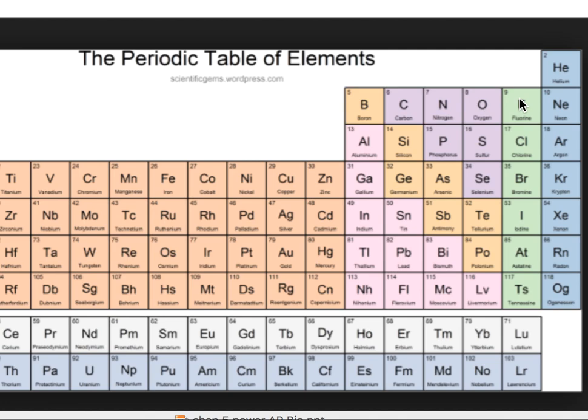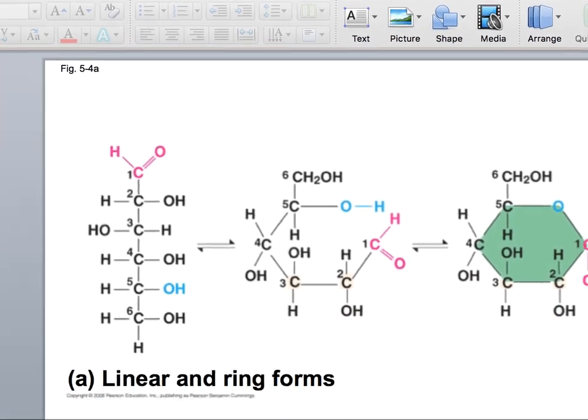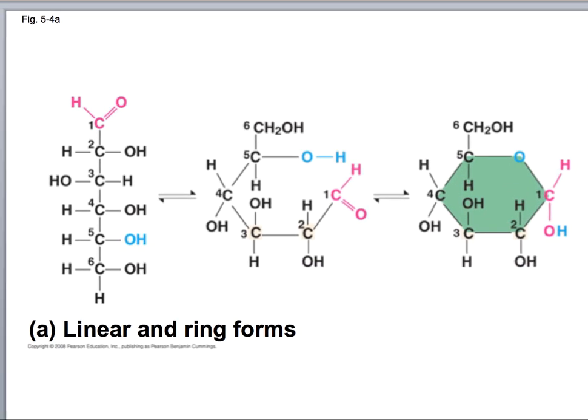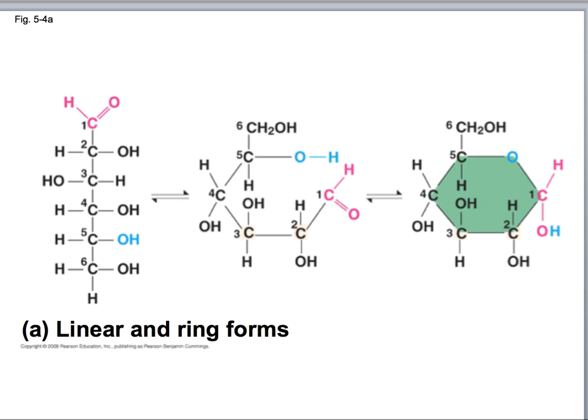And fluorine, of course, is only one electron away from the same configuration as neon, and therefore fluorine has a high electronegativity, meaning it's going to be highly attracted to electrons because it only has one electron to gain, and it will then be perfectly stable. And that just personifying it kind of makes it so it tries really, really hard. Okay? All right, so now get that lined up.